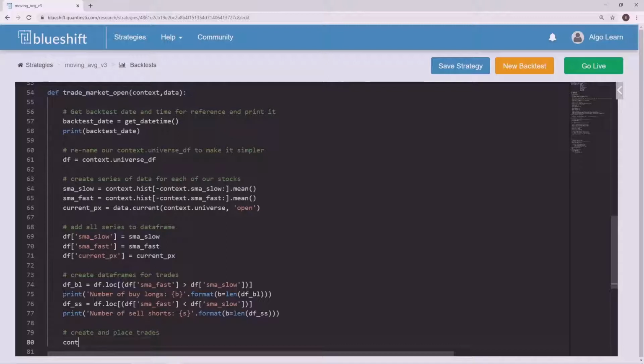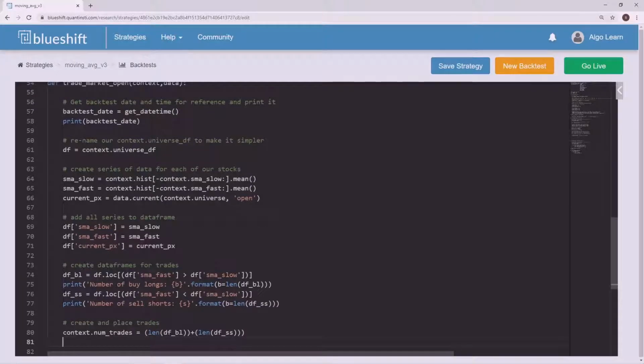Okay, so let's start out. Context dot num_trades, the number of trades, is going to be the data frame buy long length added to the length of our data frame sell short.